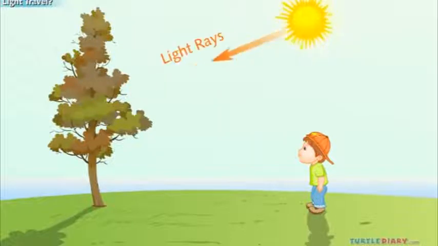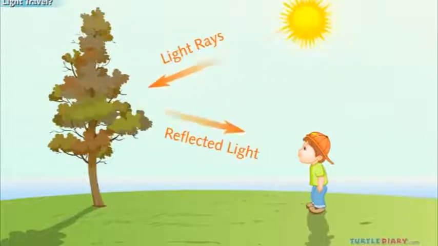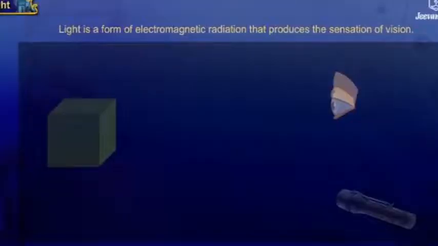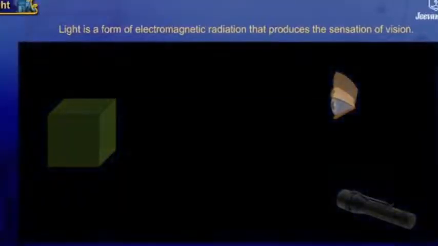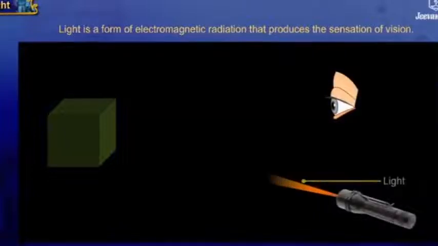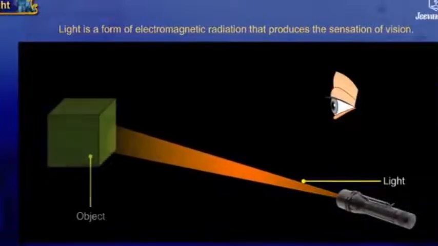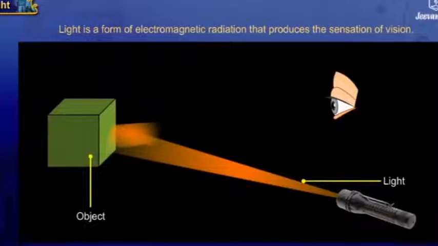The next one: if there is a light, in front of that light you take a torch. In front of that, you keep an object. You can see that the light hits the object and comes back.